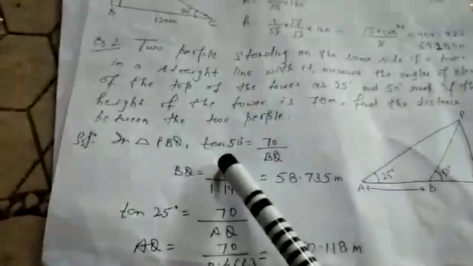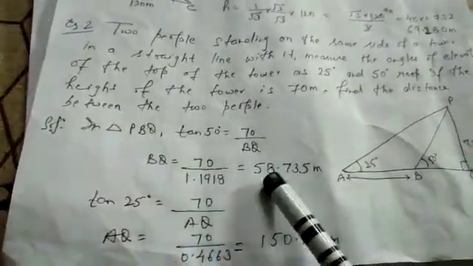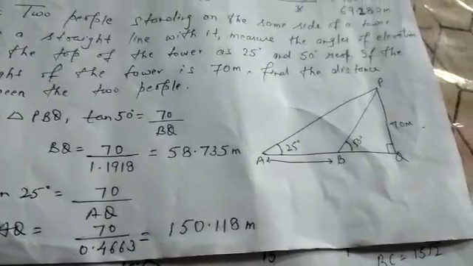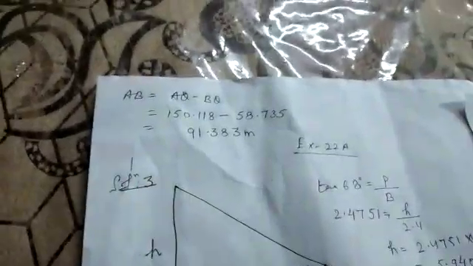The value of tan 50 degrees we will see from the back side of your book; it is 1.1918. After solving, this has come. Similarly, tan 25 solved, this has come. Since we have to find the distance between A and B, we will subtract: AB is equal to AQ minus BQ, and the answer has come 91.383 meters.